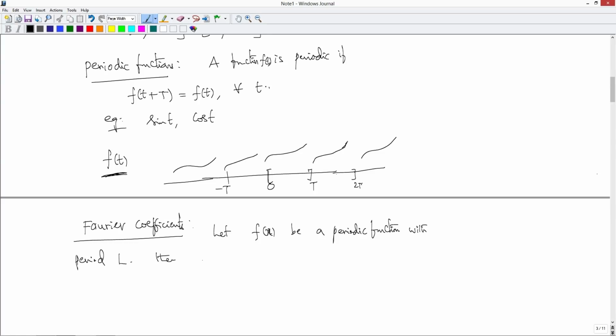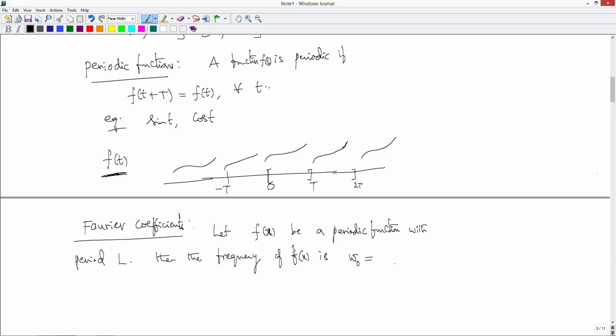Then what is its frequency? If it is repetitive like this as a periodic function, then the frequency of the signal f of x is omega naught.